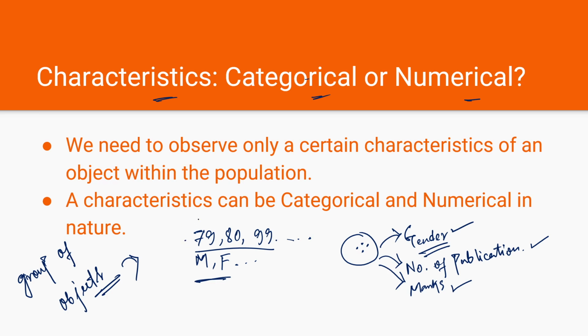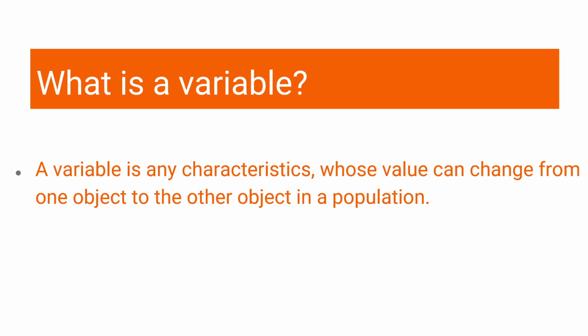Now, what is a variable? As of now we are talking about the characteristics. Characteristics are something that we are interested to observe within a population. Now these individual characteristics are the variables.